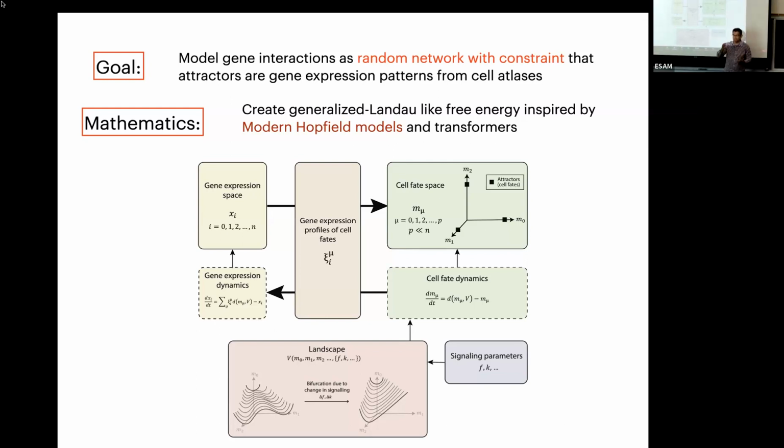That's what bifurcations are, but we're going to parameterize it according to these signalings. So it's almost gradient dynamics, but put through a nonlinearity. The important point is to distinguish between these two spaces: all the dynamics really is happening in the cell fate space, but we observe it in the gene expression space. And the cell fate space is a low dimensional plane in the full gene expression space.